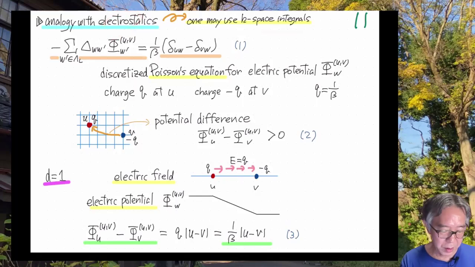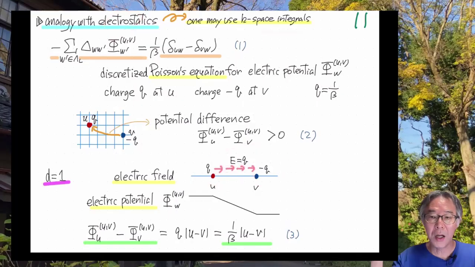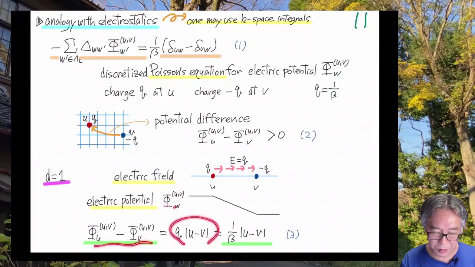For example, if you go to d equals 1, this discrete Poisson equation is very easy to solve, and you get an electric field in between two charges and nothing else. This is the same as the standard problem in 3 dimensions: you have 2 plates charged positive and negative, and you only have an electric field in between them. It's exactly the same. You can compute this, and then the difference can be computed this way.